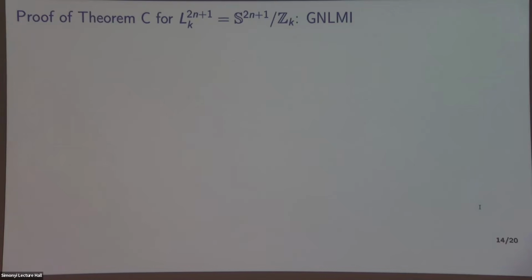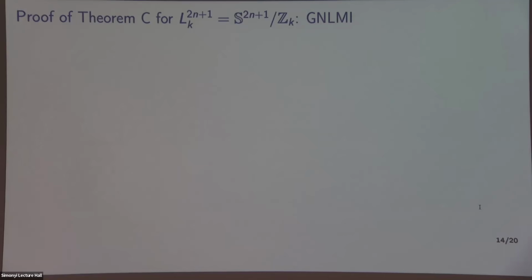So now I just give a quick idea of how we construct this kind of spectral selectors for lens spaces. It uses, as I said, Givental's nonlinear Maslov index. And maybe for the heuristic, you can think of the space of all contactomorphisms as an infinite dimensional space.